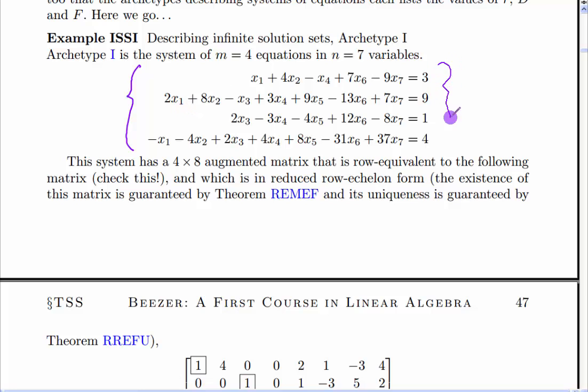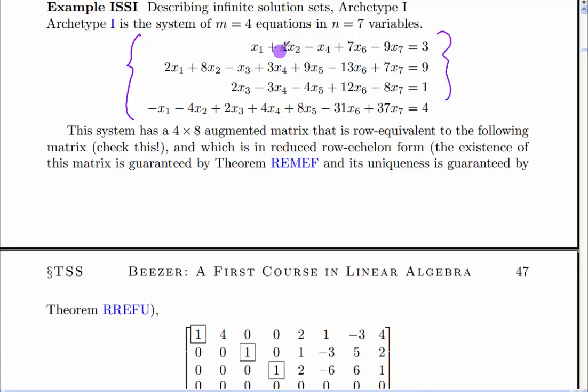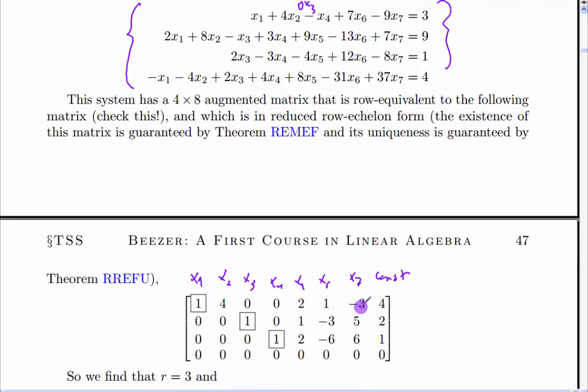First thing, of course, is we want to change this into an augmented matrix, and I'll leave that to you. Of course, you need to be careful about the gaps. Here there's a 0x3 here. Remember that you have to associate these coefficients in columns. This is the x1 column, the x2 column, x3 column, x4, x5, x6, x7, and the constant column gives us the column on the other side.